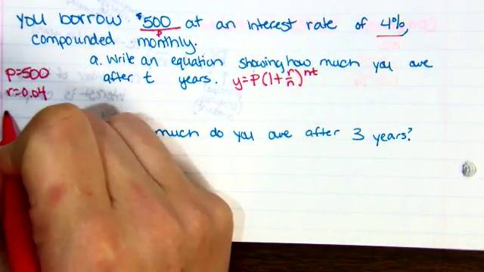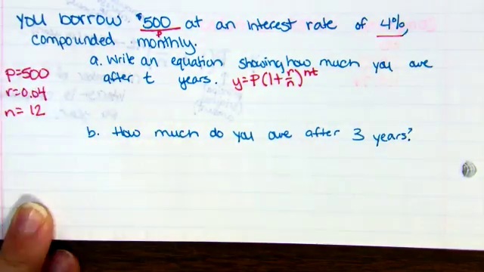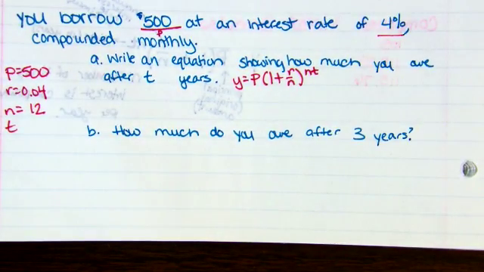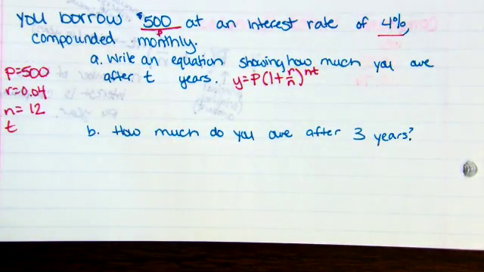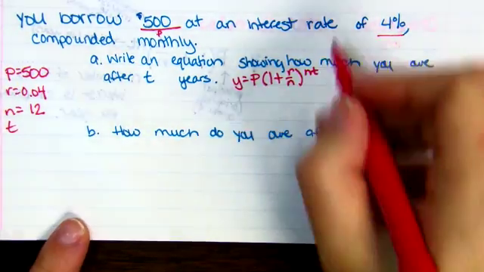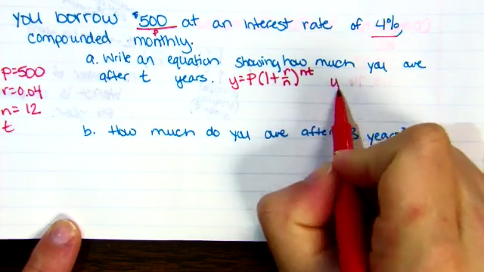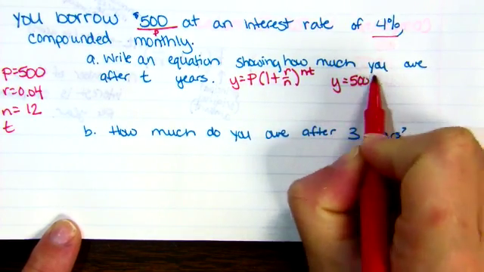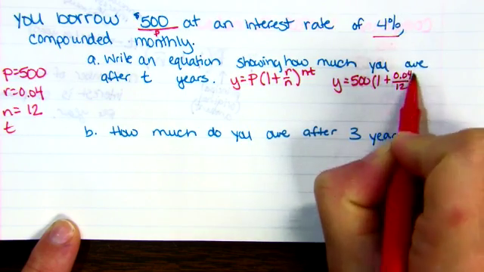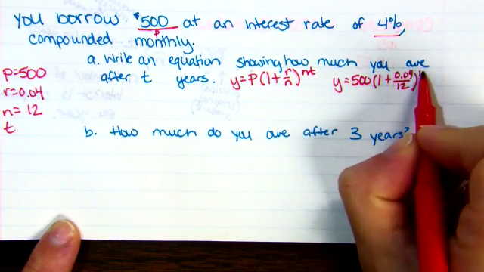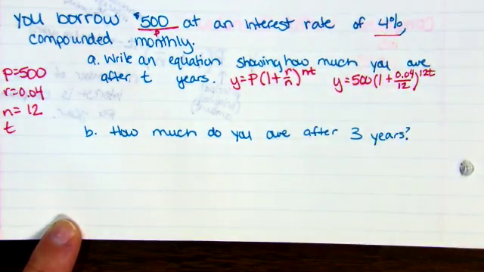And we're compounding monthly, so that's 12 times a year. T we're just going to leave because we want to know how much we owe after t years. So I'm going to plug that in. Y equals 500 times 1 plus 0.04 over 12 to the 12t.